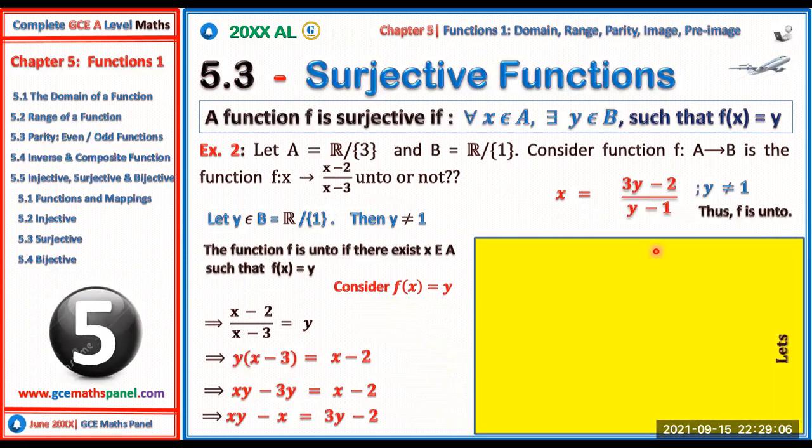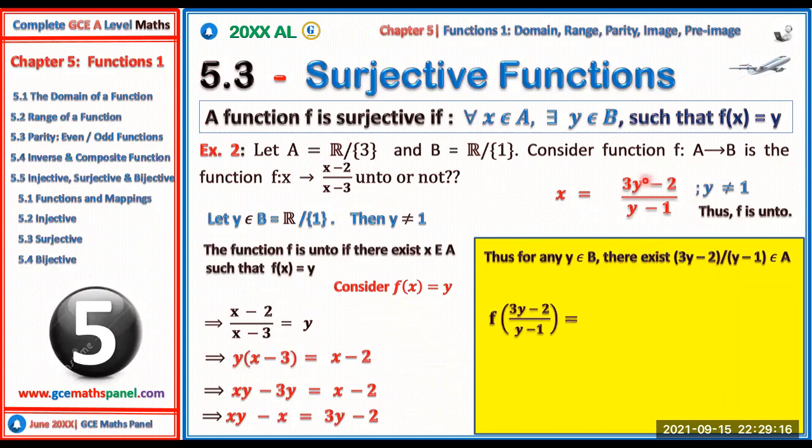Now let's verify and see if this answer is true. We check by saying that for any y, an element of B, there exists this x. We are going to take this value and fit it inside f of x equals y, and see if we obtain y at the end. We know that x equals (3y minus 2) over (y minus 1). So let us substitute it here.